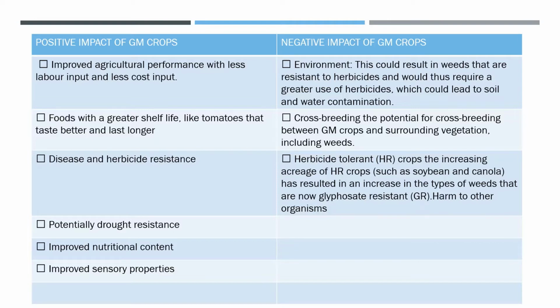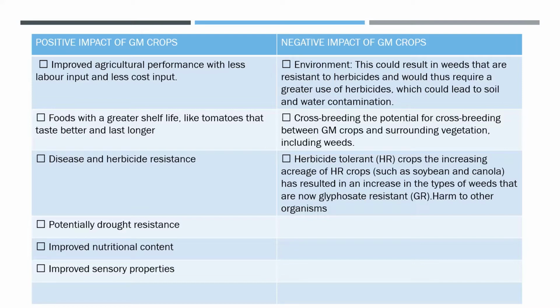Now we will see the negative impacts of GM crops. First is the environment. Weeds are not good for the healthy growth of crops. Sometimes when we implement herbicide-resistant crops, the weeds are not destroyed by the herbicide, so it requires a greater use of herbicide, which could lead to soil and water contamination.